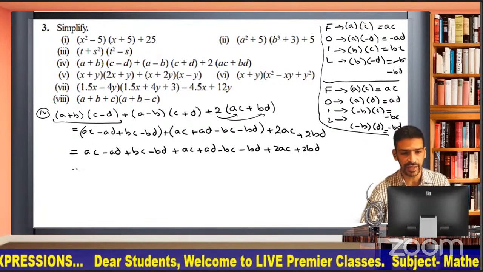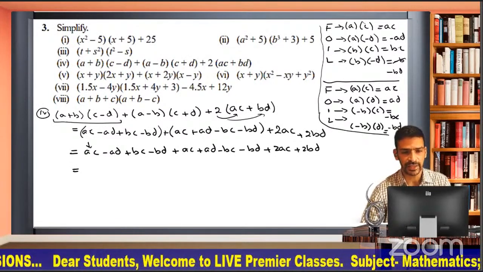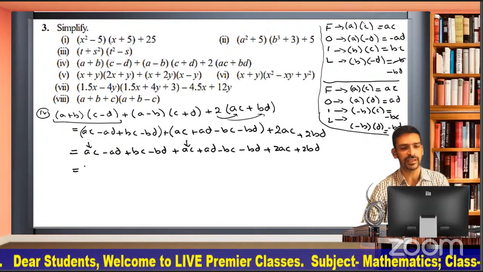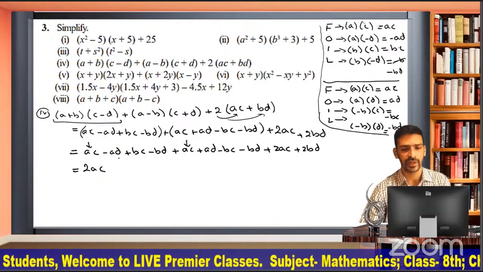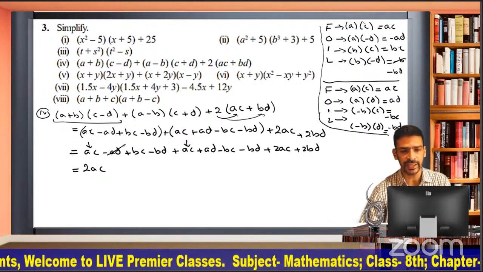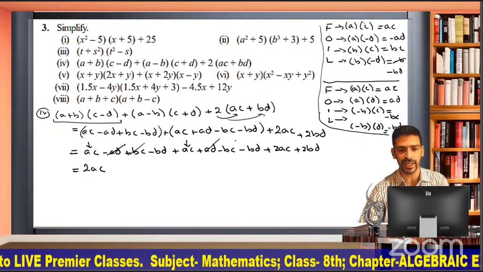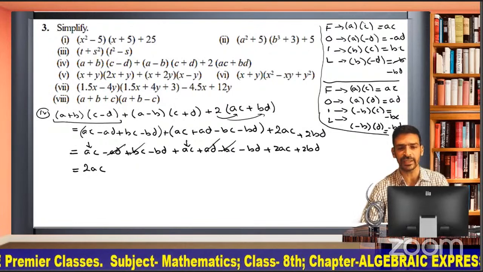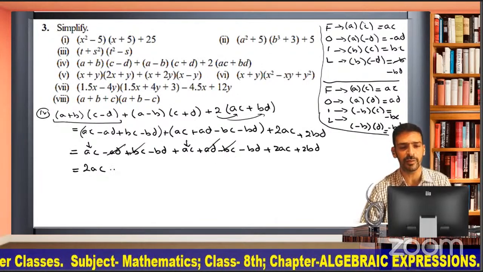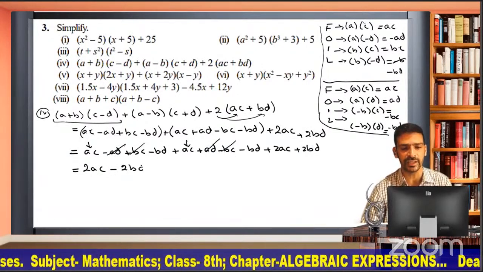We have this AC and plus AC. It is 2AC. Then we have minus AD and plus AD. It cancels out each other. We have plus BC and minus BC. We have minus BD and minus BD. It turns out to be minus 2 times BD.